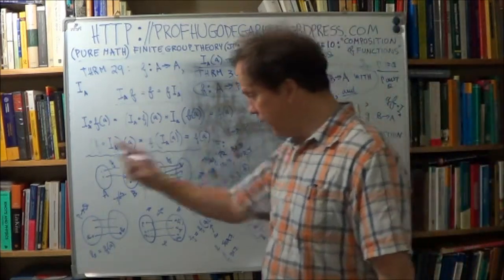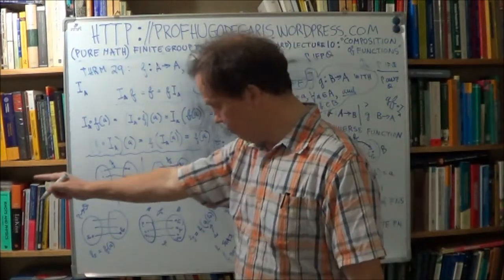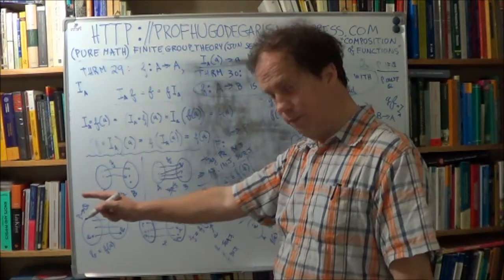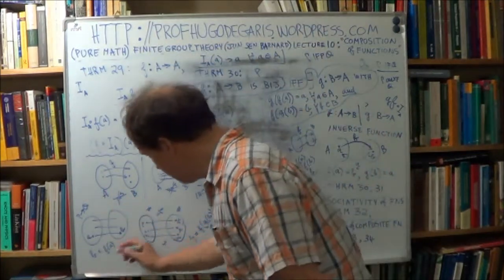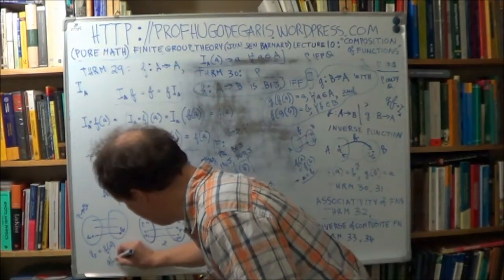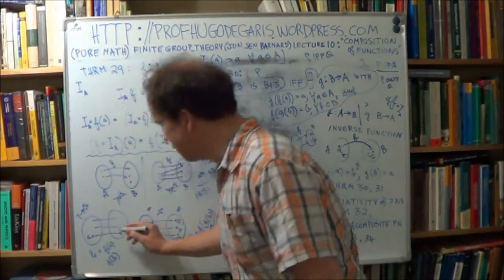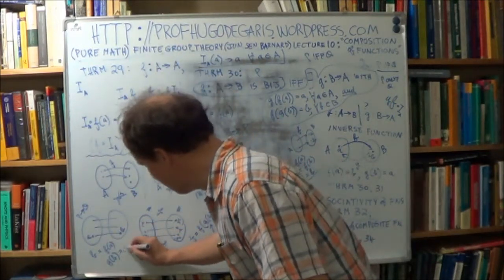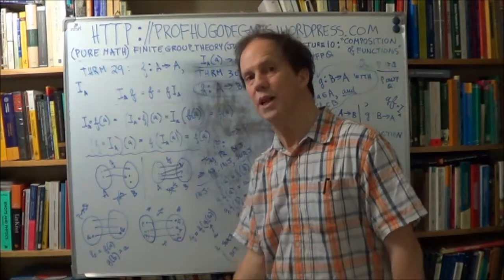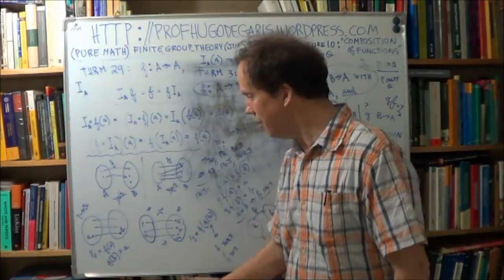Now it's 1-to-1, so if you've got a function going the other way, G, that means that G of B will take you back to A. It must, because it's 1-to-1. Okay? There's no other way.